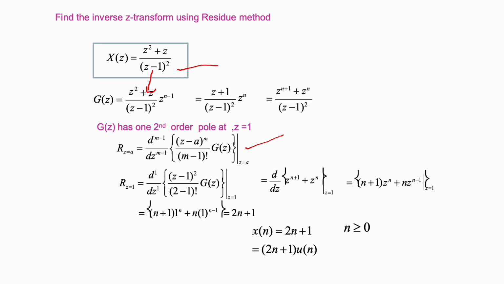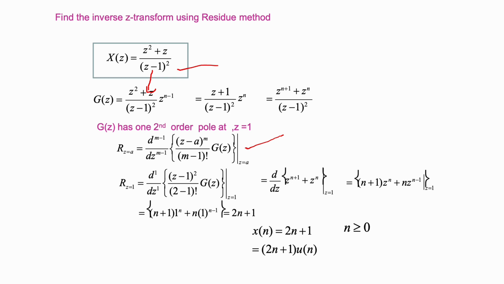The residue at z equal to a is d power m minus 1 by dz power m minus 1. What is the order? m is 2, so 2 minus 1 is 1, and 2 minus 1 factorial is 1. What is a? As per the problem, a is 1. The pole is z equal to 1.